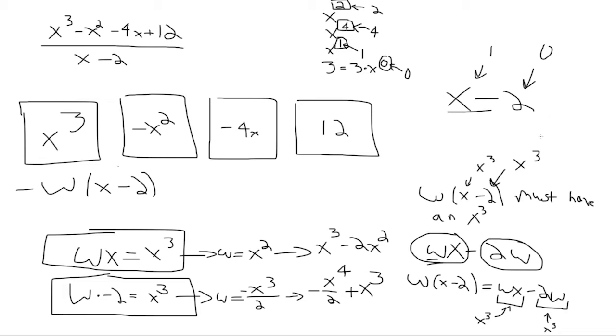If w multiplies by this negative 2 to equal x cubed, then the x term, which has a higher exponent in the first place, is going to produce something with a higher exponent on the variable.